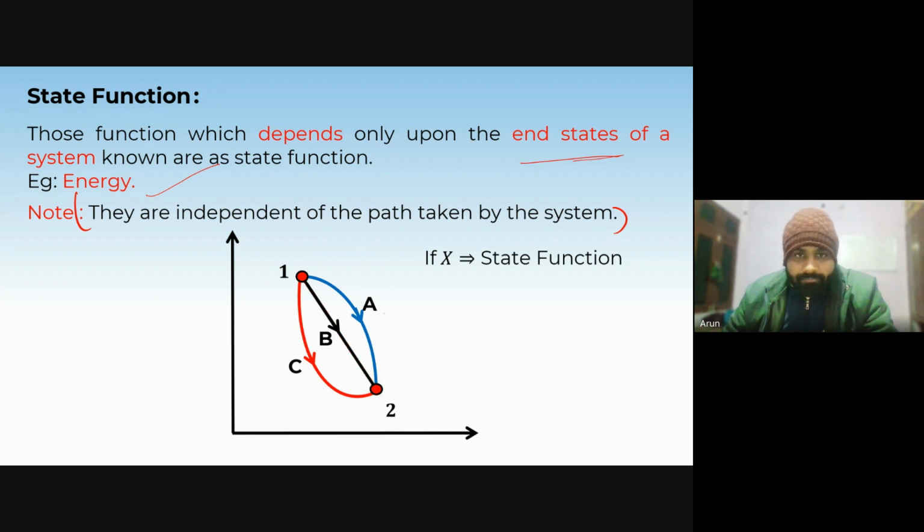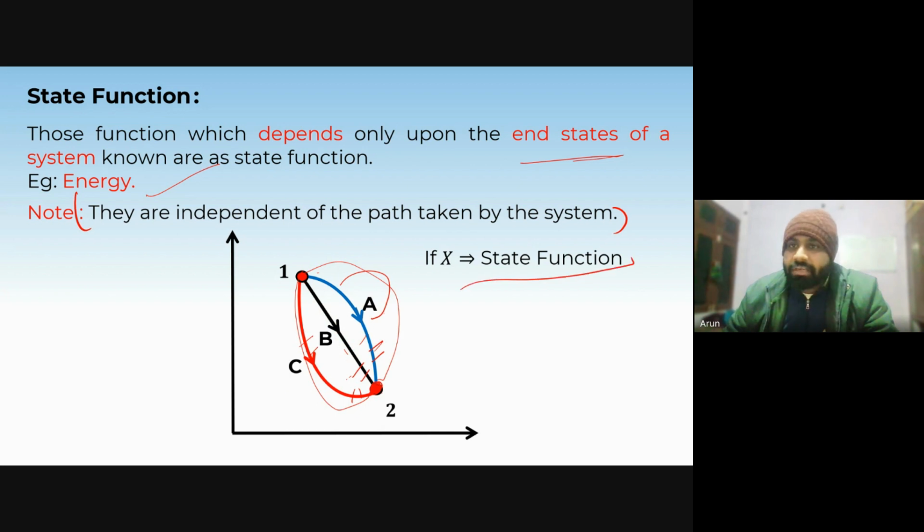If by taking path A you are reaching 2, by taking path B you are also reaching 2, and by taking path C you are also reaching 2, it means the final state achieved by these different processes is the same.